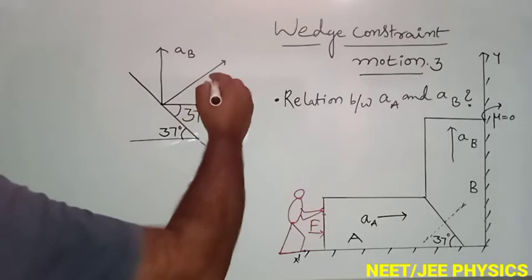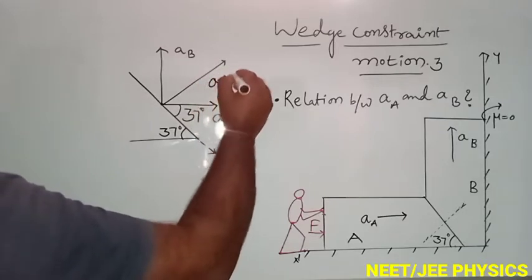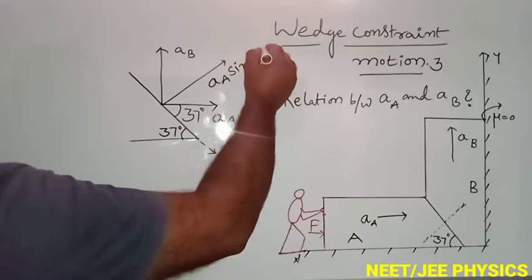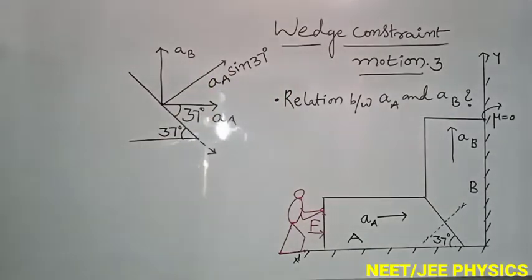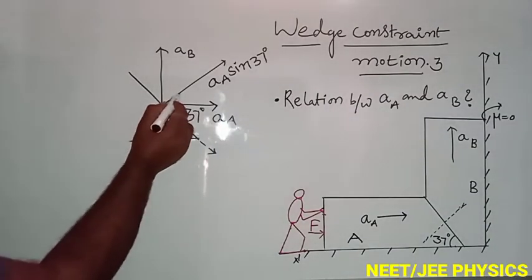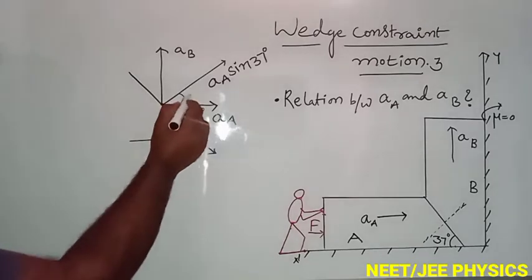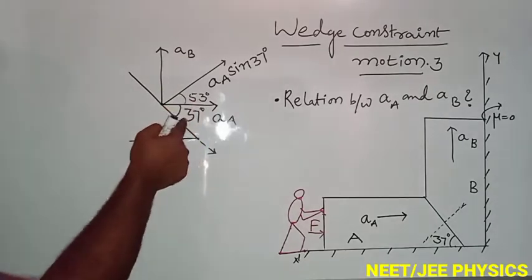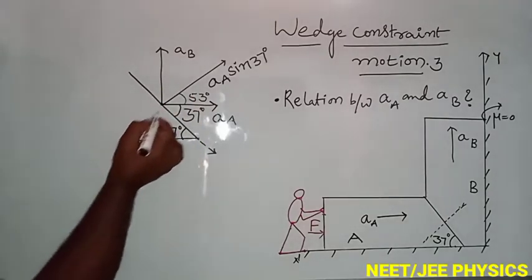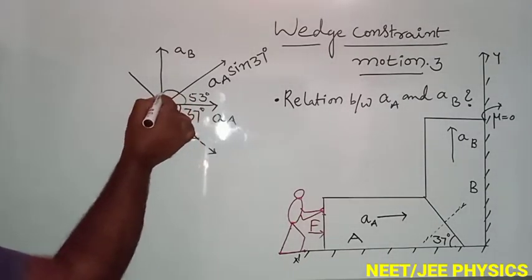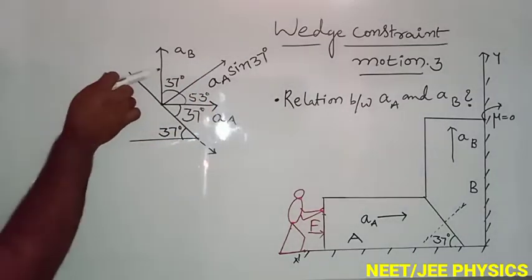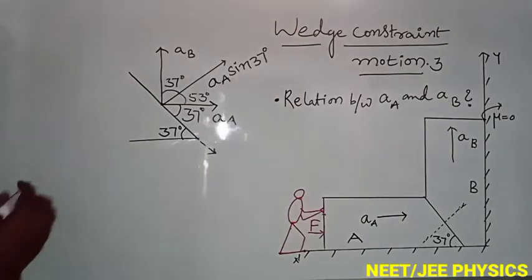Now take only the vertical component of AA, here sine 37. This is the vertical component of AA. If it is 37, what about this angle? This is 53 degrees, because these two angles must sum to 90 degrees. If it is 53, what about this? This is 37 degrees.